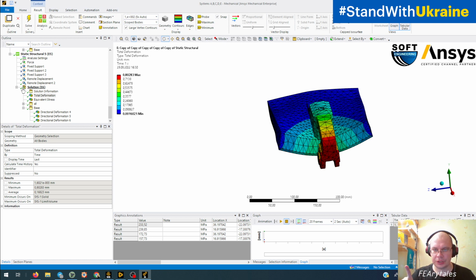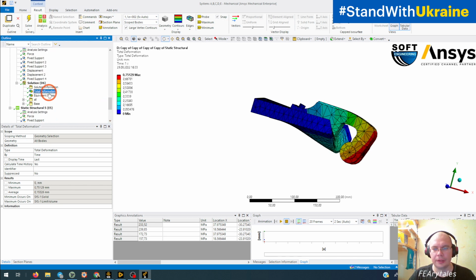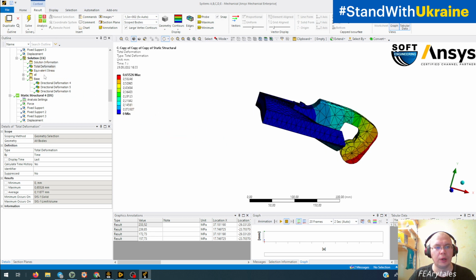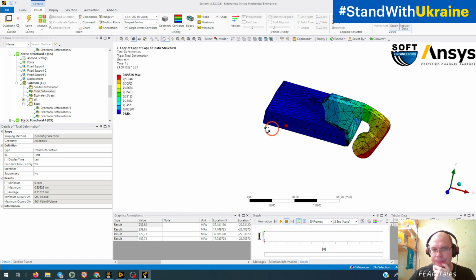It's not interesting to you because you need this deformation distribution. And this deformation distribution varies depending on type of boundary conditions for the base.